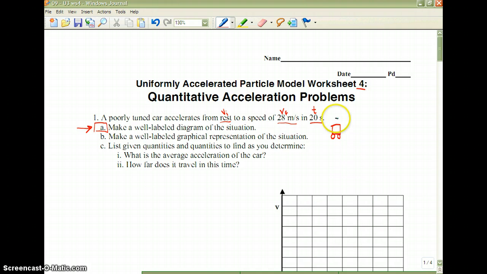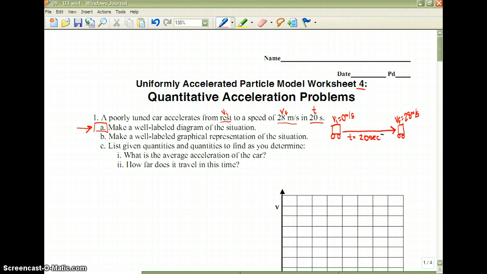Here's my car. My initial velocity is going to be 0, and my car is going to accelerate until its final speed is 28 meters per second. It does this in a time frame of 20 seconds.